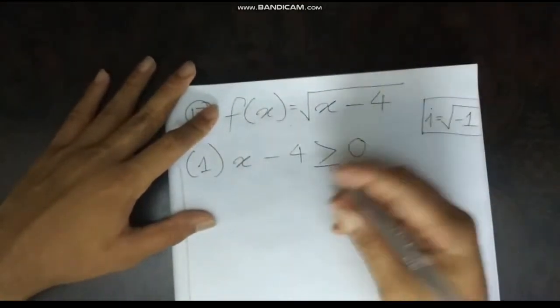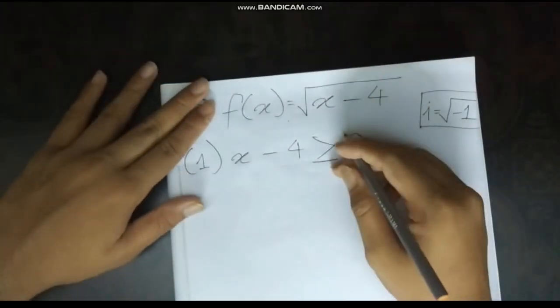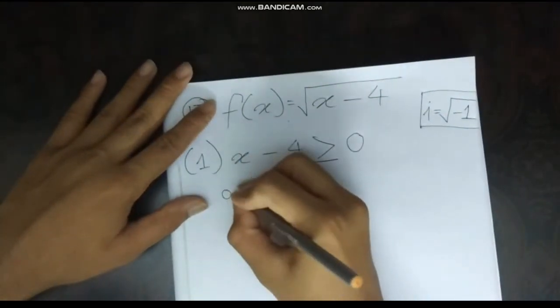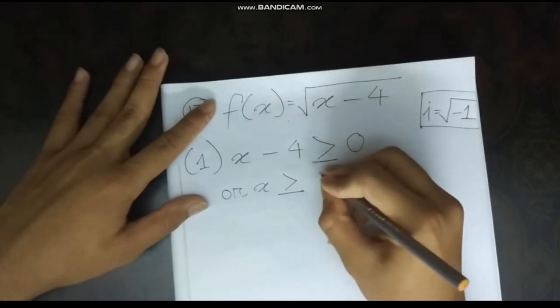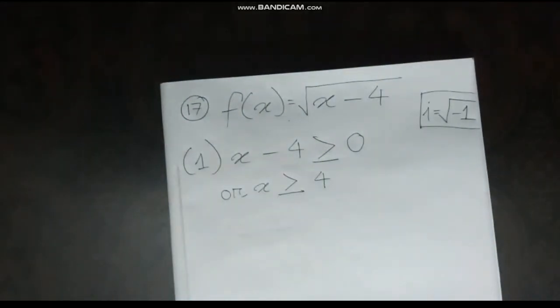So what will be the value of x? You will do inequalities in the upcoming chapters, but x must be greater than or equal to positive 4. We add 4 to both sides.